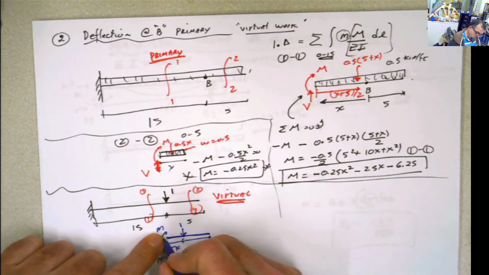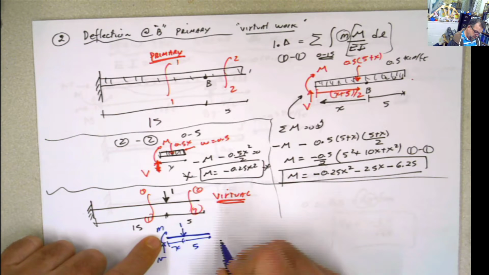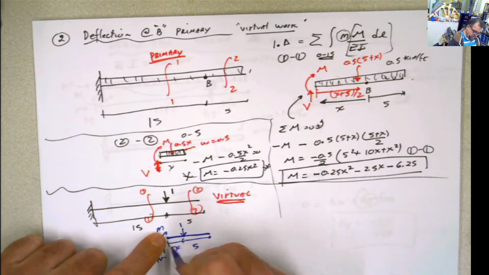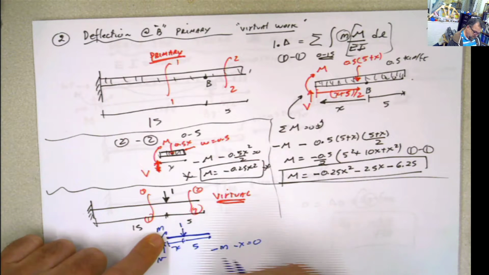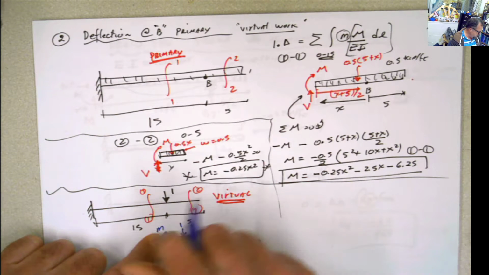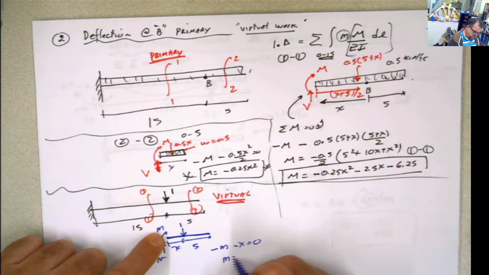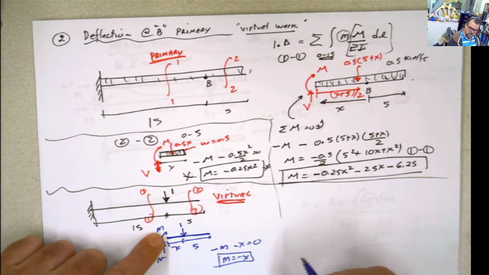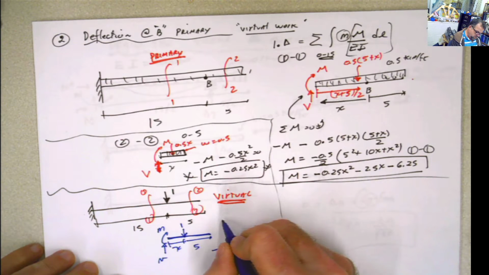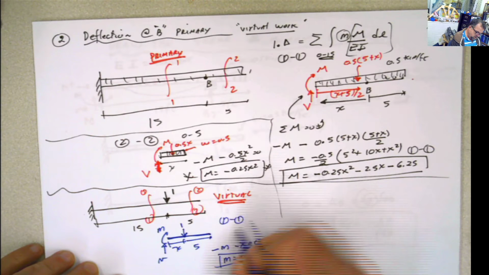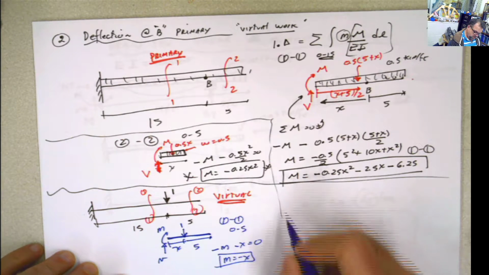If I do summation of moments at that point, then you're going to have negative m minus x equals 0. Is that correct? Negative m times x equals 0. Yeah, that's correct. So m equals negative x. And remember, this is for section 1, 1, 0 to 5 in the virtual.